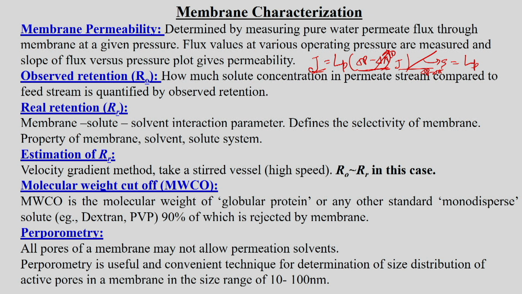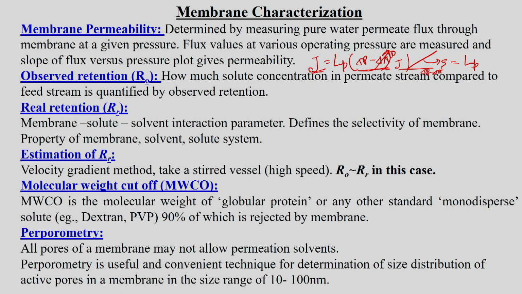Real retention is the membrane-solute-solvent interaction parameter that defines the selectivity of the membrane; it is the property of the membrane-solvent-solute system. RR is estimated using the velocity gradient method, or we need to take a stirred vessel with high speed, in which case observed retention and real retention will be the same.